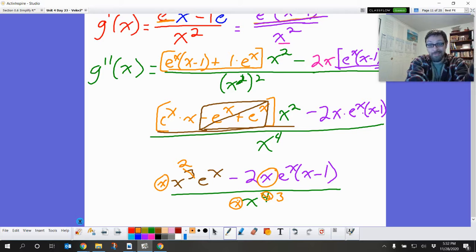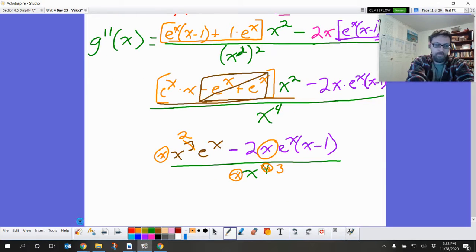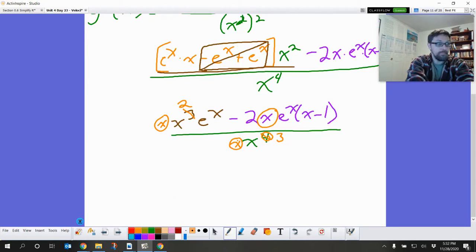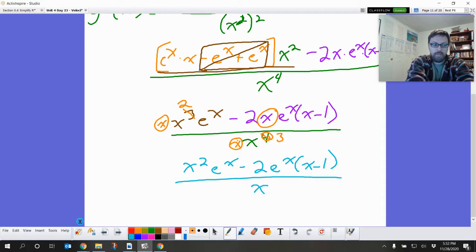And then we could cancel all of those x's just to make this ever so slightly simpler. So this becomes x squared e to the x minus 2 e to the x, x minus 1, all over x cubed.